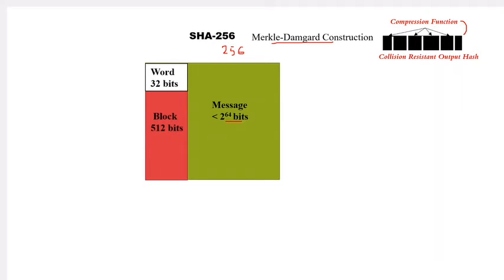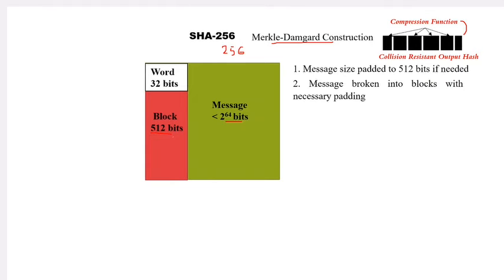Now if you enter a message which is less than 512 bits, it is padded and made up to 512 bits. Otherwise, the message is broken down, using necessary padding, into, say, n parts of 512-bit blocks.